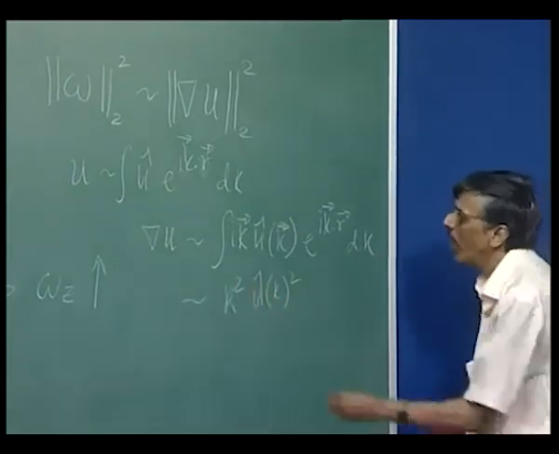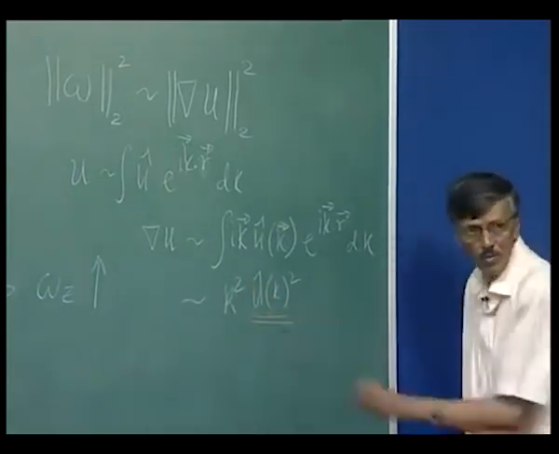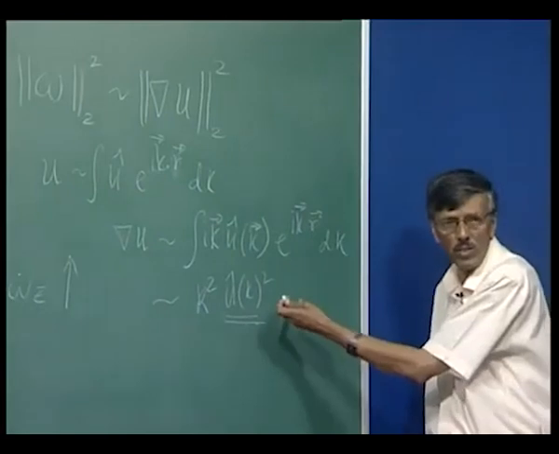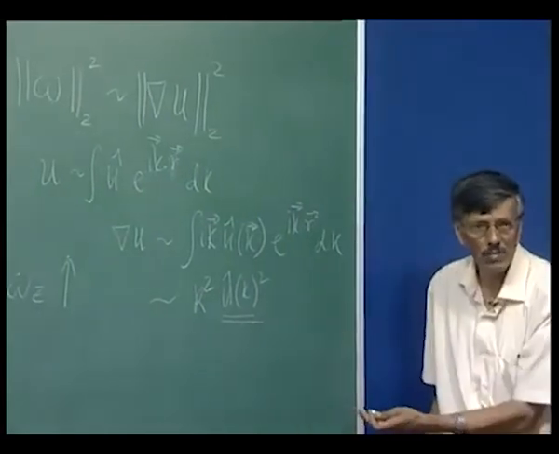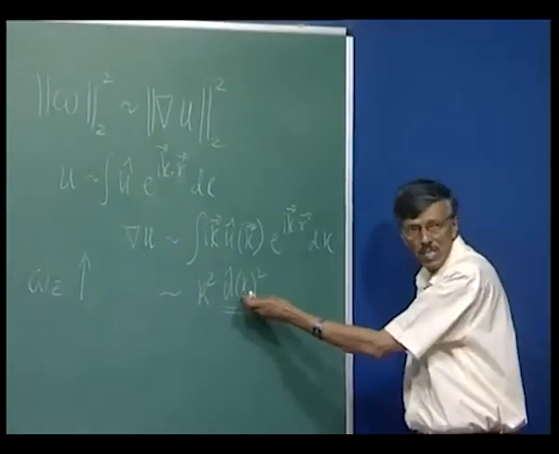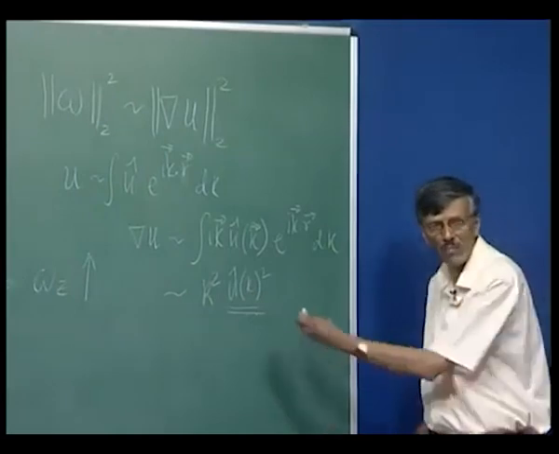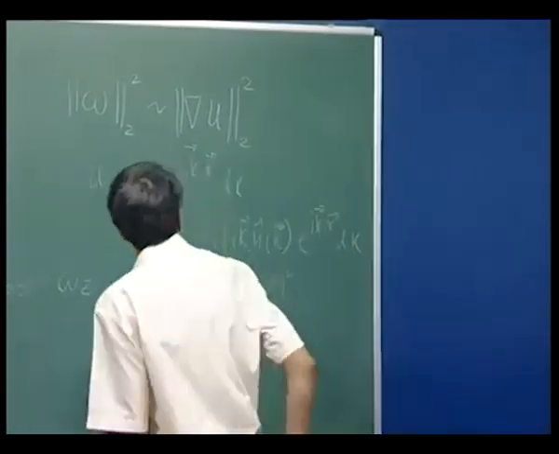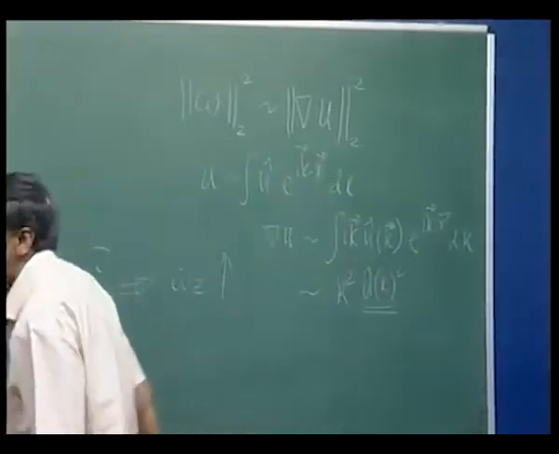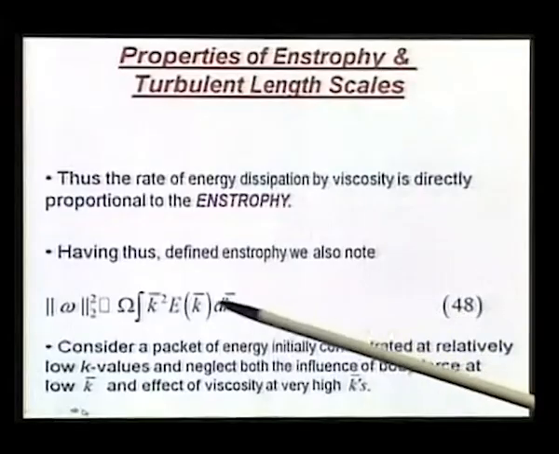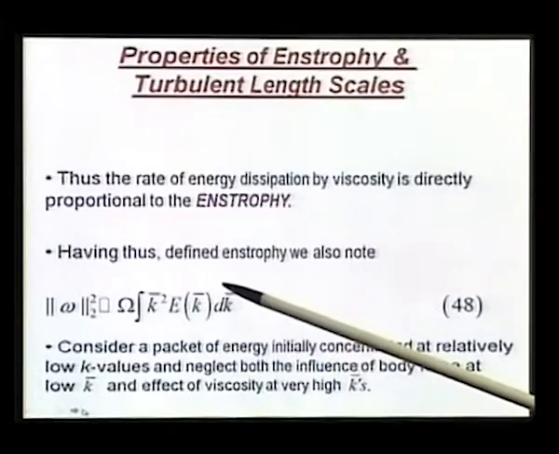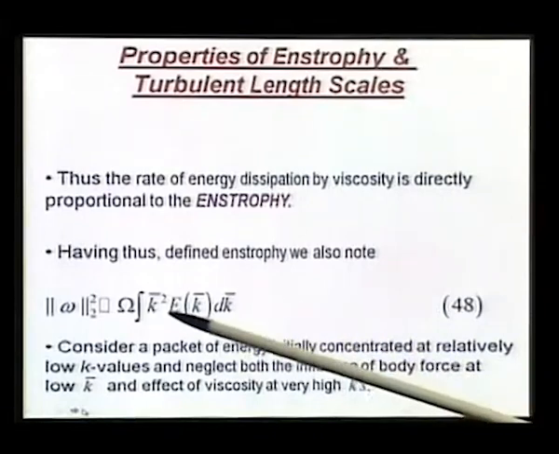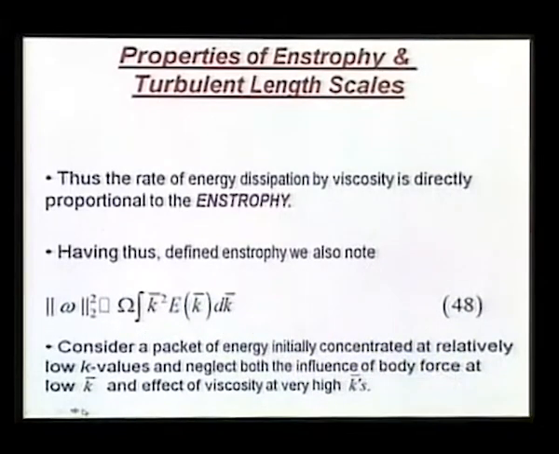However, from Parseval's equality, this also represents E of k, right. If this is the specific kinetic energy in k space, that is also the kinetic energy in physical space. So, this has a role as we have written down here, E of k, right. So, basically the vorticity is something like this.